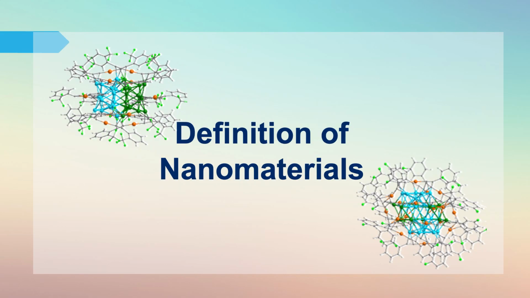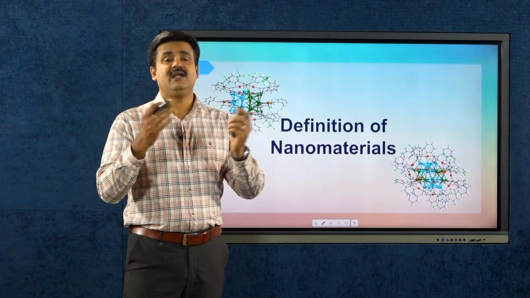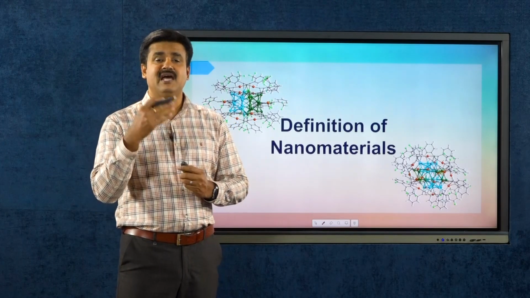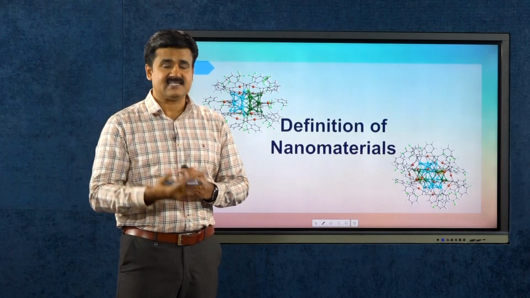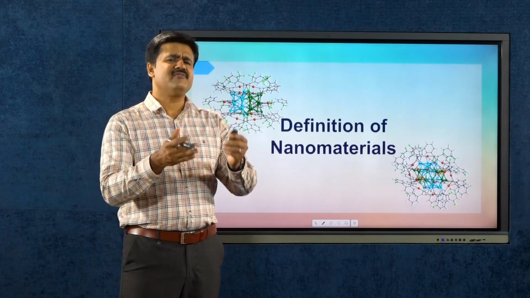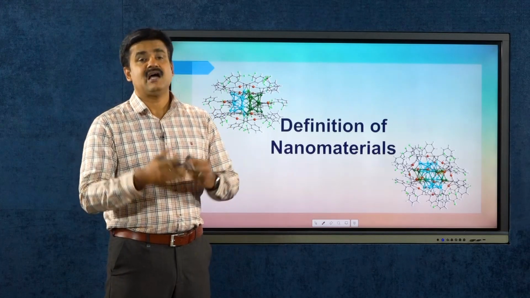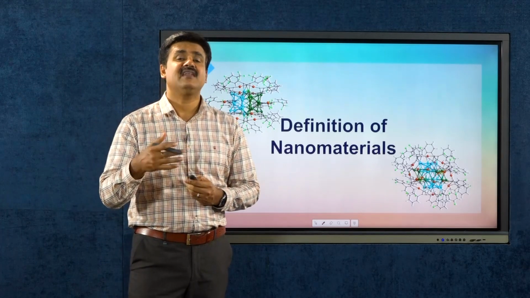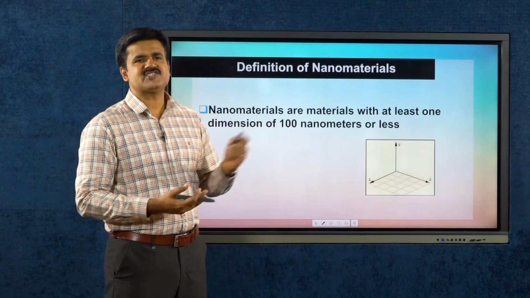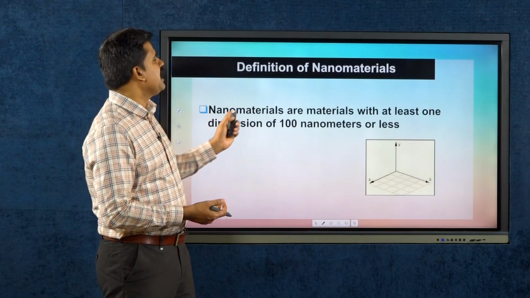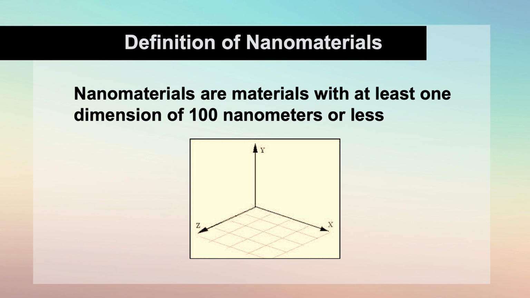Now, definition of nanomaterials. We all heard about the terms nanotechnology, nanomaterial science, etc. Now, how can we define a nanomaterial? The definition is here: nanomaterials are materials with at least one dimension of 100 nanometers or less.